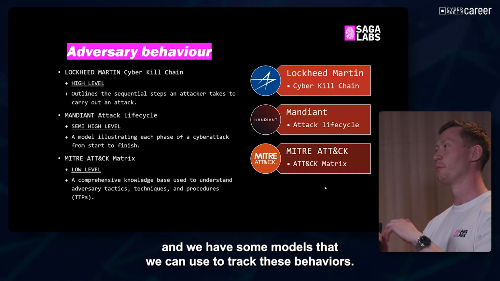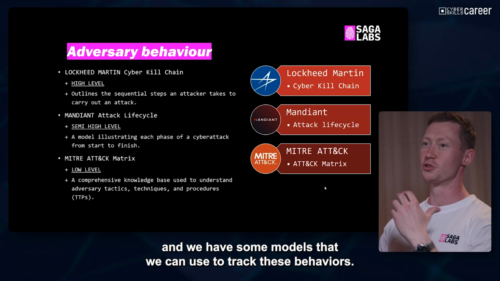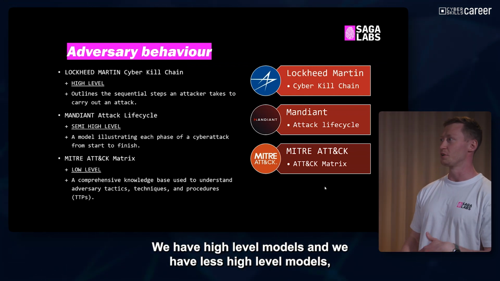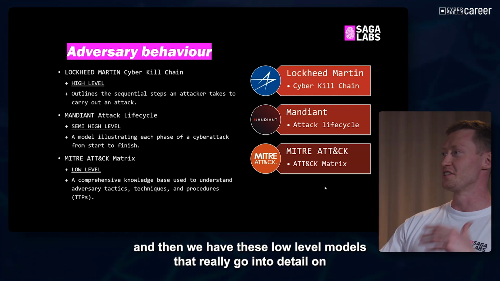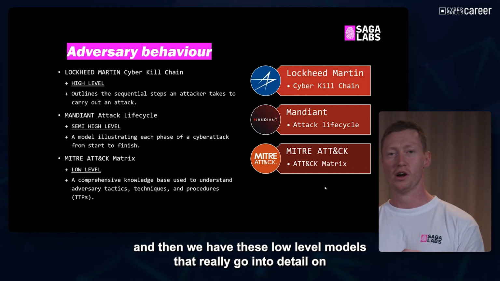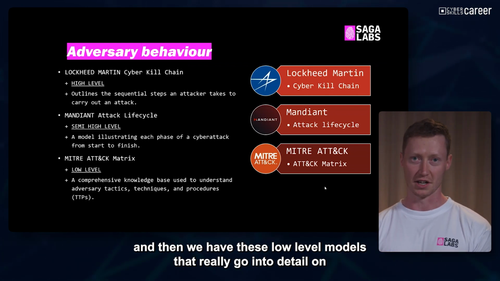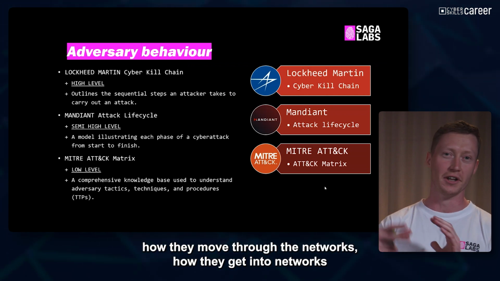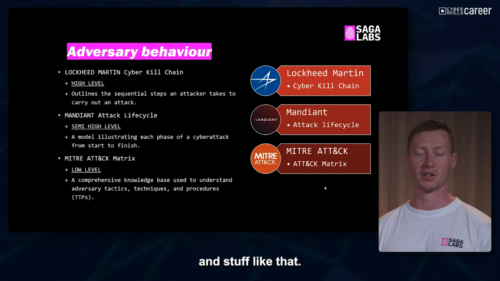We have models we can use to track these behaviors: high-level models, less high-level models, and low-level models that go into detail on how they move through networks and how they get into networks.